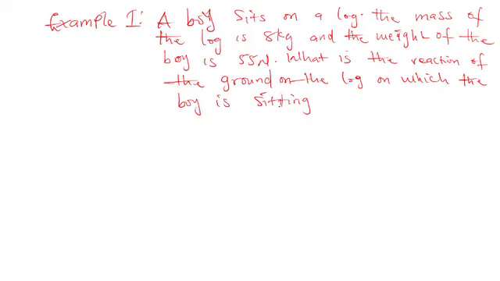Now, the first thing I want us to do at this point is to get the weight of the log. Remember, weight, which is a force, is equal to mass times acceleration.